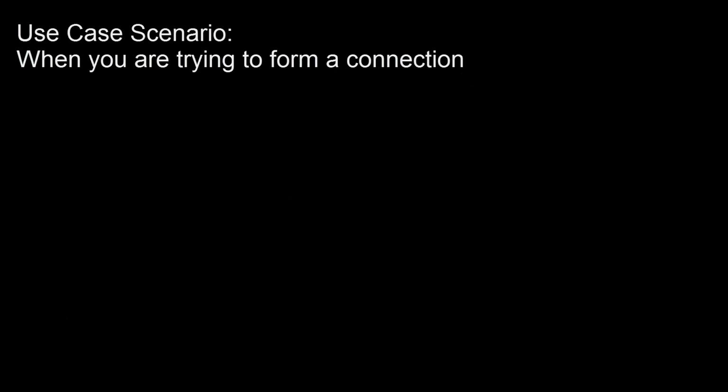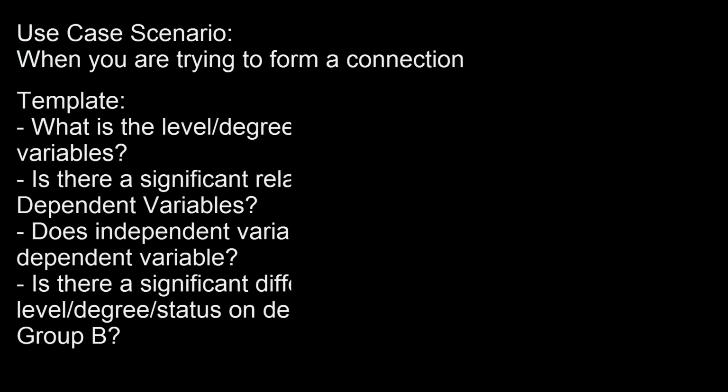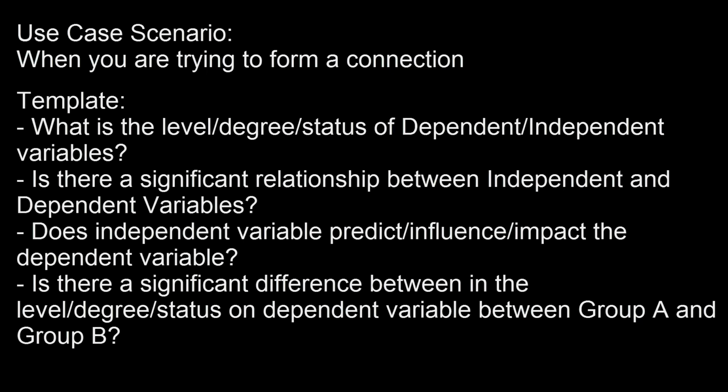If you are working on a type of research where you are trying to form a connection, the templates that you can use are: what is the level, degree, or status of the dependent or independent variables? Is there a significant relationship between independent and dependent variables?